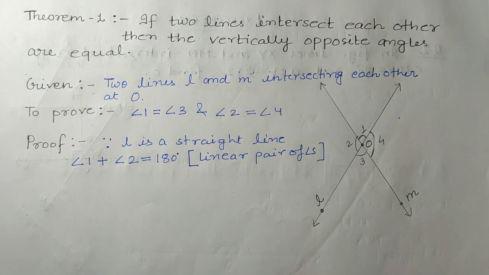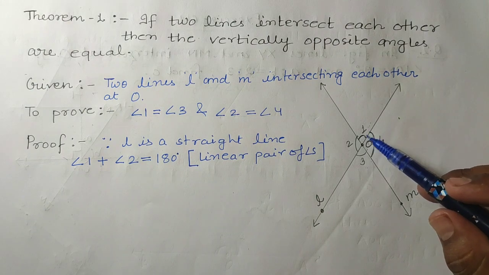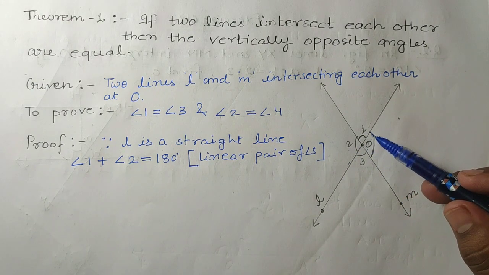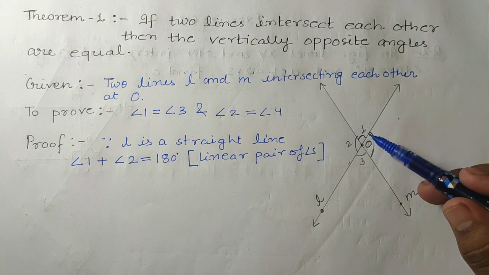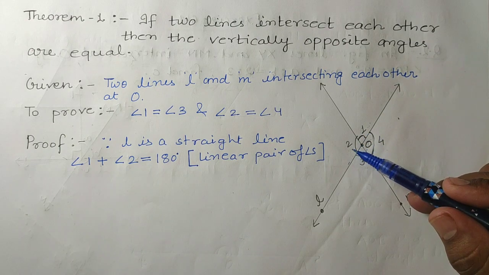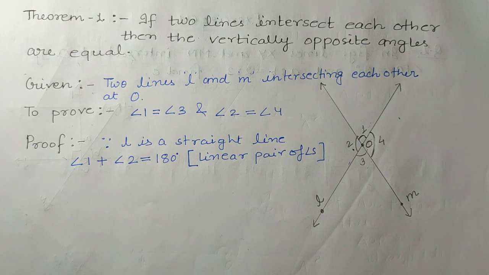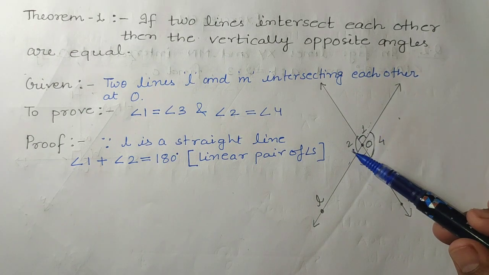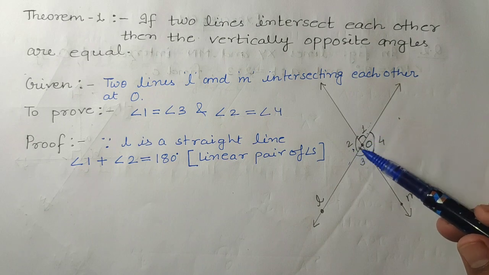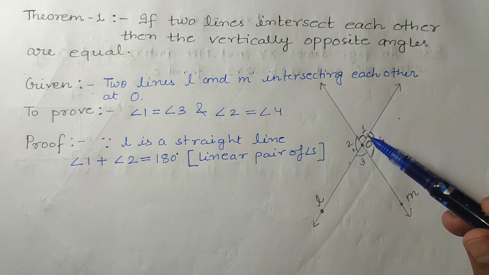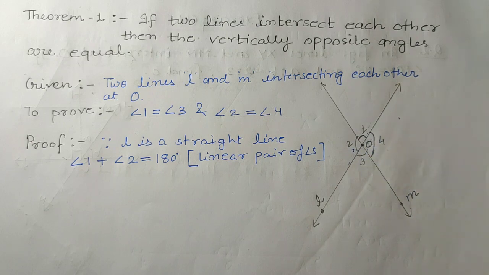I have told you that if two adjacent angles are on a straight line, then their sum will be 180 degree. So here L is a straight line and angle 1 and angle 2 are the adjacent angles on this straight line, so their sum should be 180 degree.